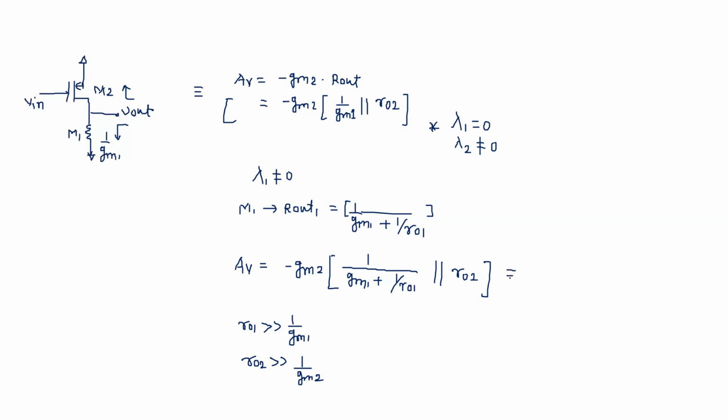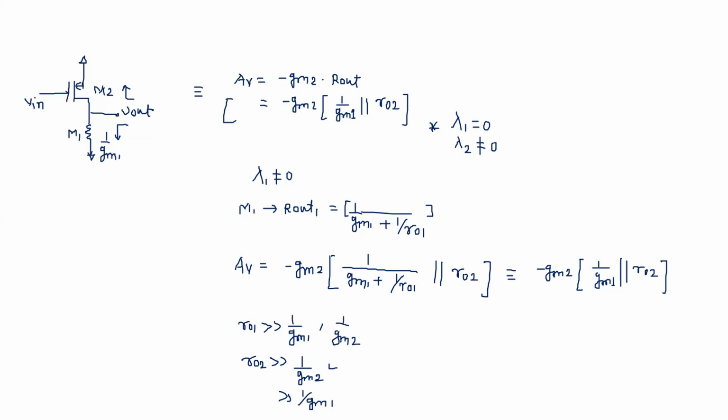So this structure can be reduced to minus GM2 times, if GM1 is very much greater than 1 upon R01, 1 upon GM1, parallel to R02. As I also said, this R02 is very much greater than 1 upon GM2, and also very much greater than 1 upon GM1.